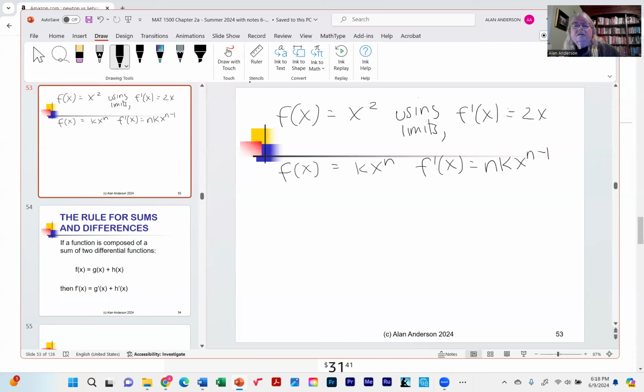So in this case, k is equal to 1. There's an implied 1 here, and then n is 2. So when we use this rule, we have 2 times 1 times x to the 2 minus 1, or 2 times x to the 1, or 2x.